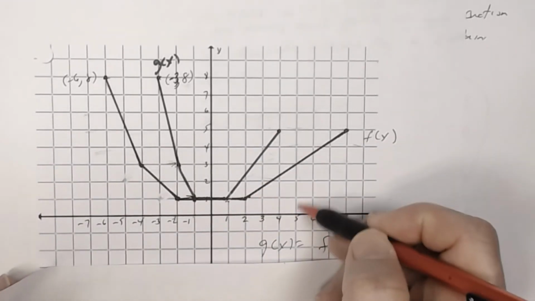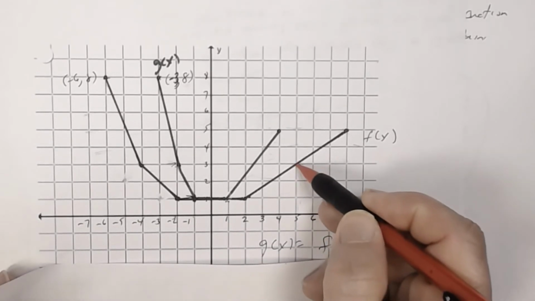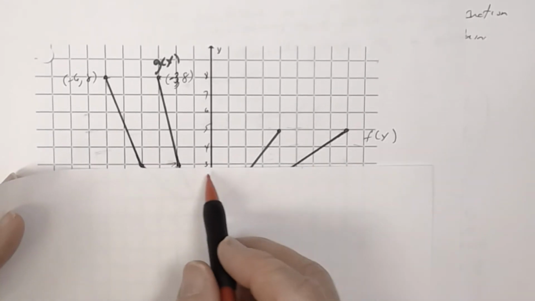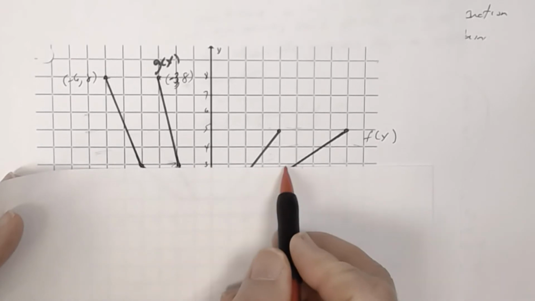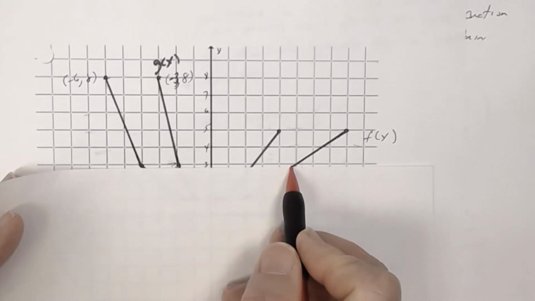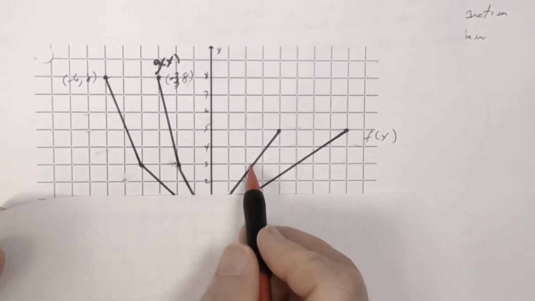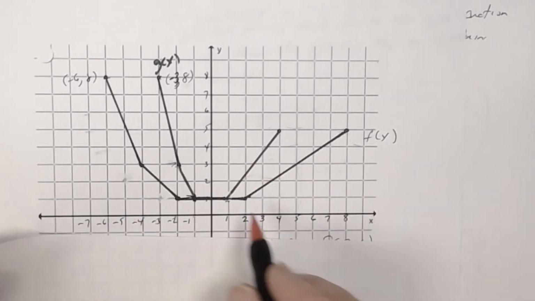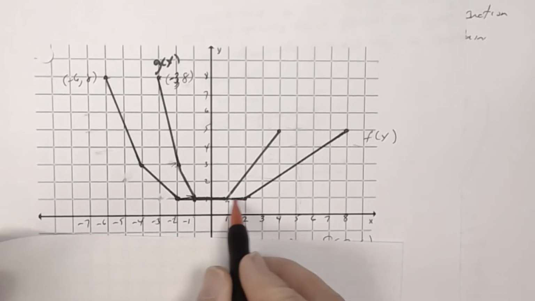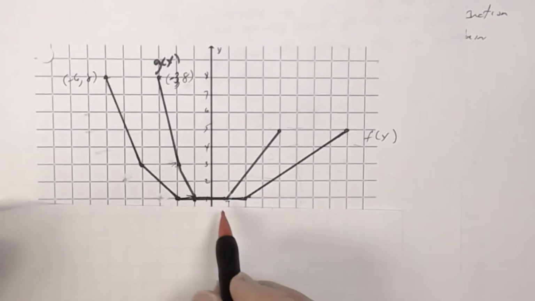Let's do this one. This is the distance of 5. You see that right here? From here to here, that distance is 5. If I take half of that, remember the factor of a half, what's half of that? 2.5. If I look at this distance right here, that distance is 2.